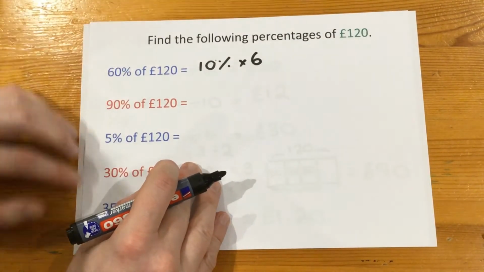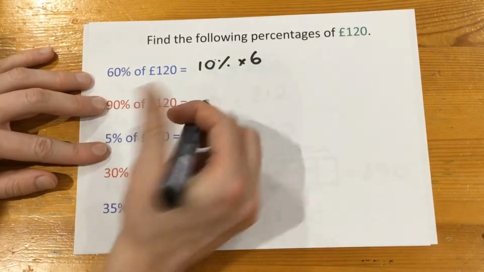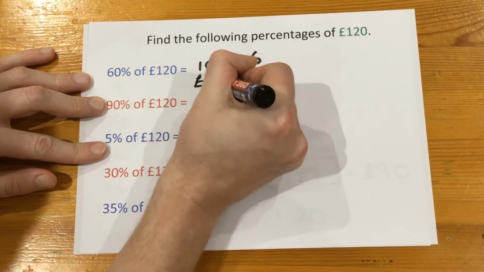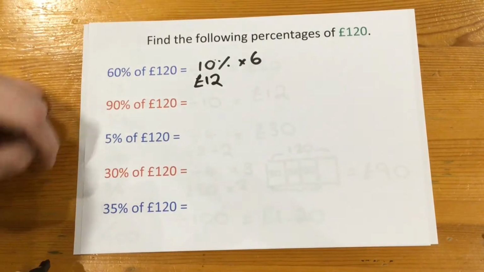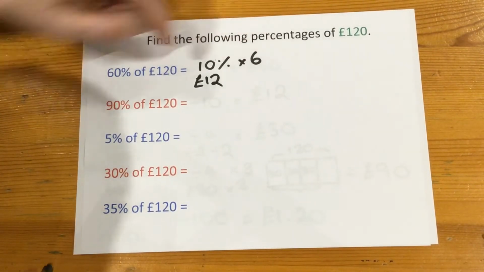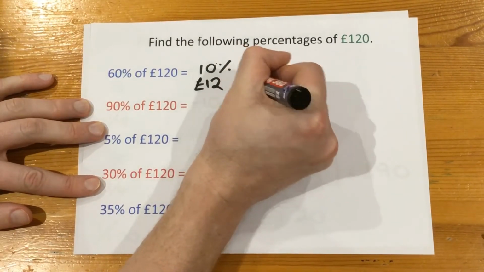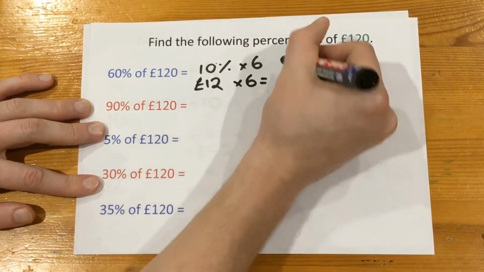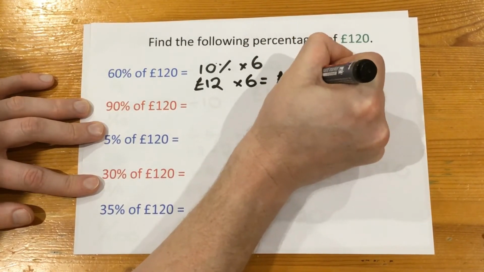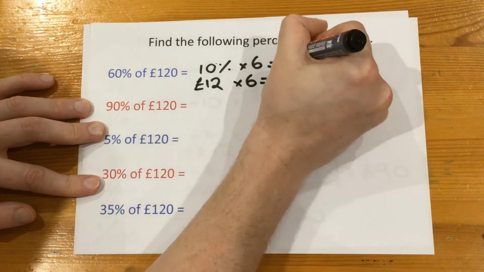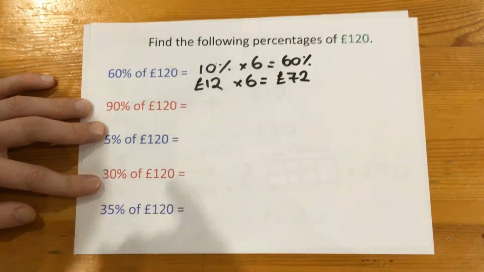So 10% I know of £120 is £12. So 10% is £12. 6 lots of 10% will give me 60%. So 12 times 6 is £72. So that is 60%. I'll try it the other way.